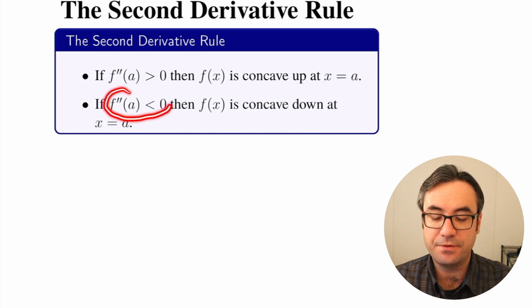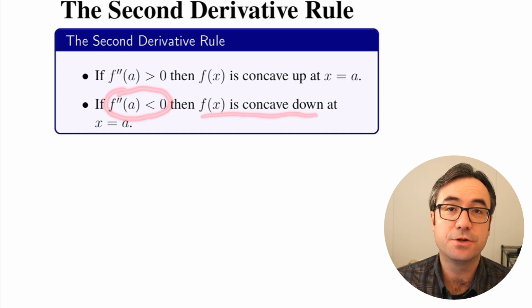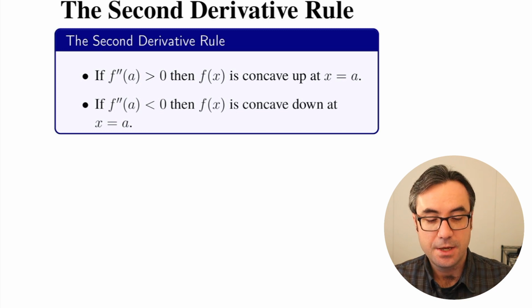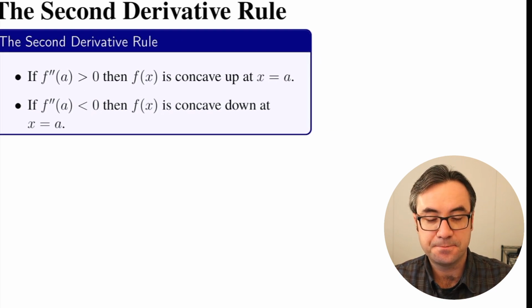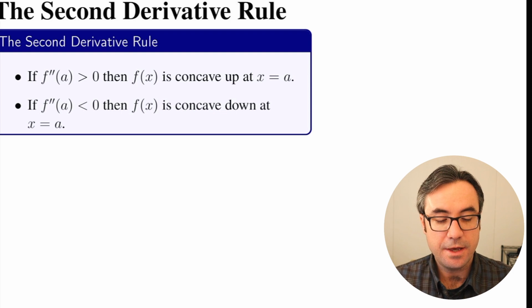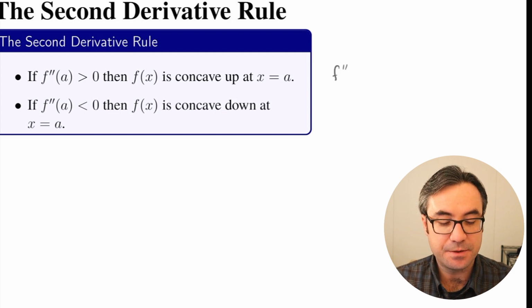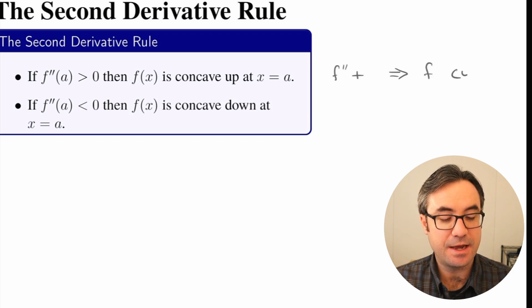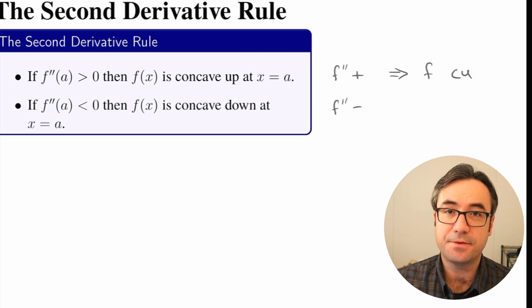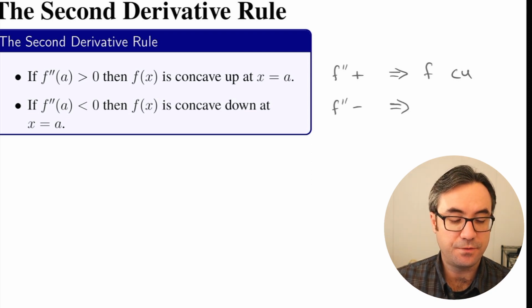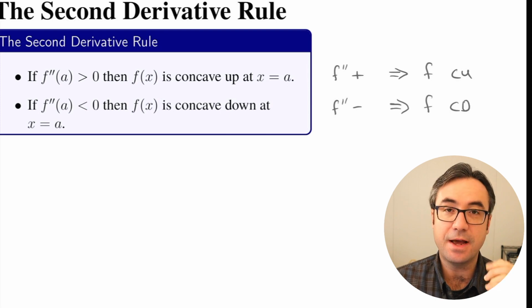And if our second derivative is negative, then the original function is concave down. To summarize, if the second derivative is positive, then the original function f is concave up. And if our second derivative is negative, then the original function f is concave down.